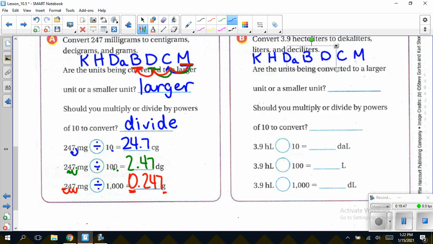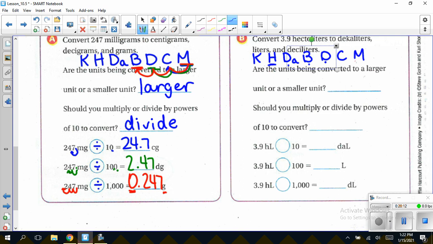And now I need to make sure I answer the 2 questions. The first, are the units being converted to a larger unit or a smaller unit? So if you recall, it does say 3 9/10 hectoliters. So I know I'm starting at the H. And then they want us to convert to deciliters, liters, which is at my base, and deciliters.